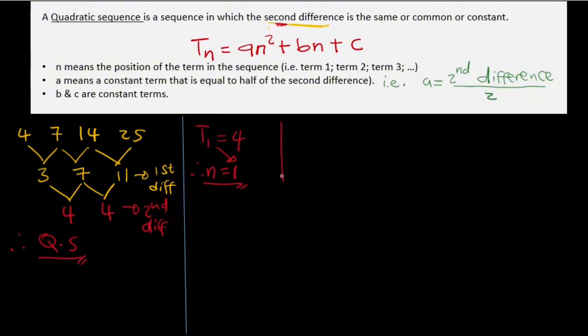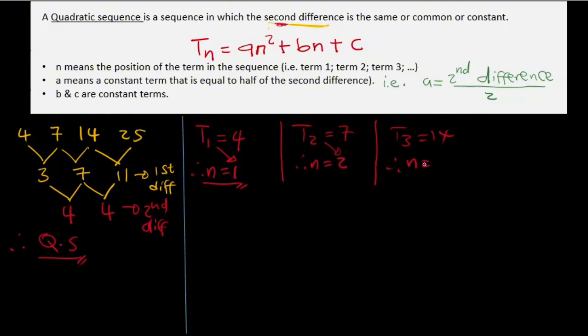Now, let's do the same to the rest of the terms. T2, which is equal to 7, therefore n will be equal to 2. And doing the same to the rest of the terms, T3 equals 14.